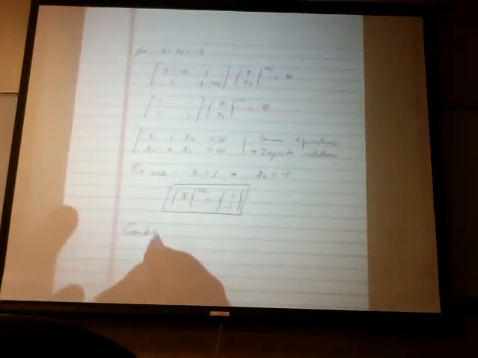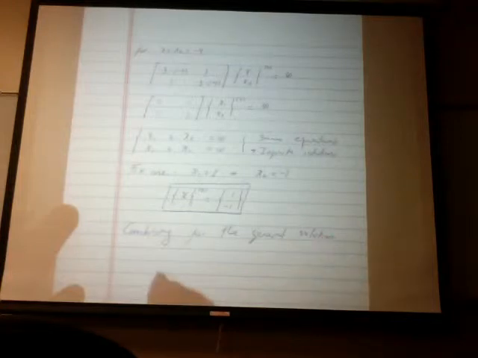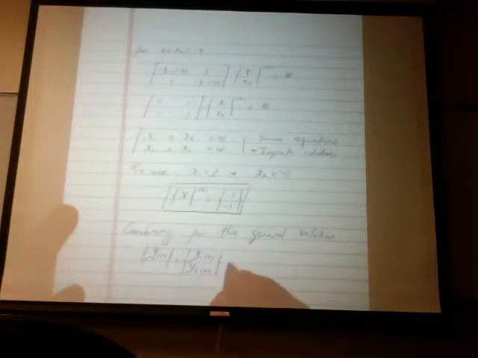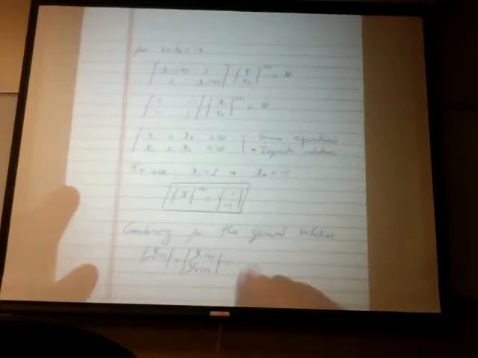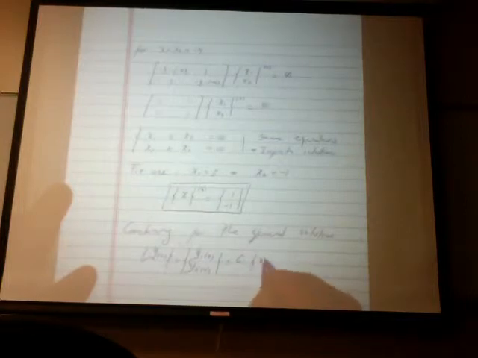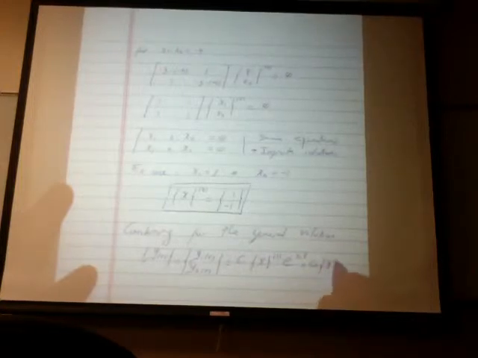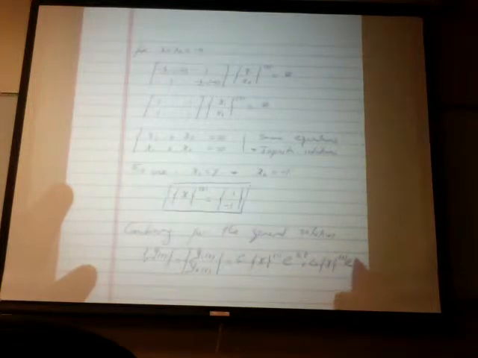Combining for the general solution, such that y of t, which is equal to y1 of t, y2 of t, is equal to c1 times x1 e to the lambda 1 t plus c2 x2 e to the lambda 2 t.